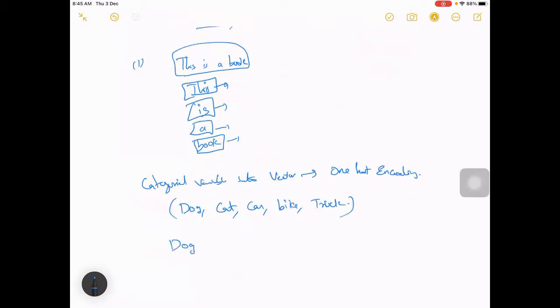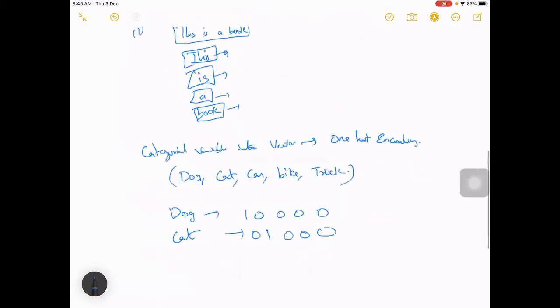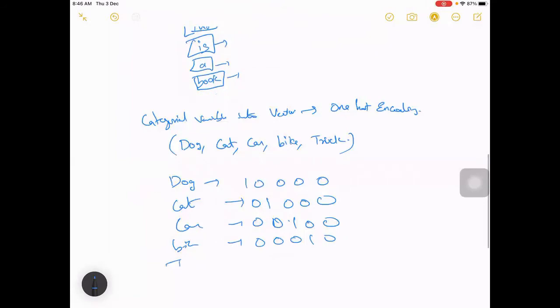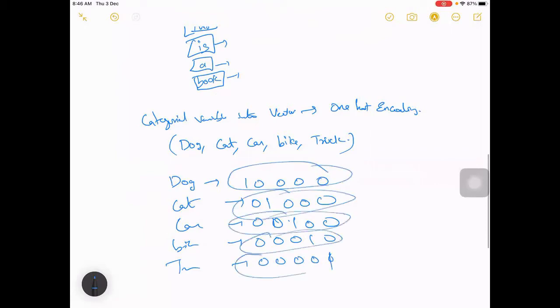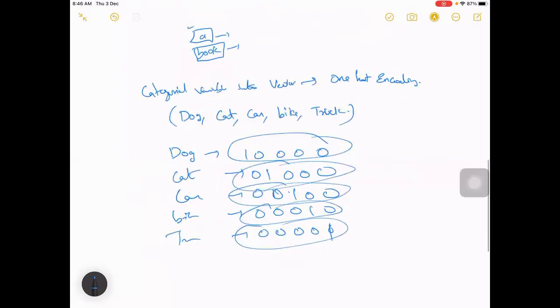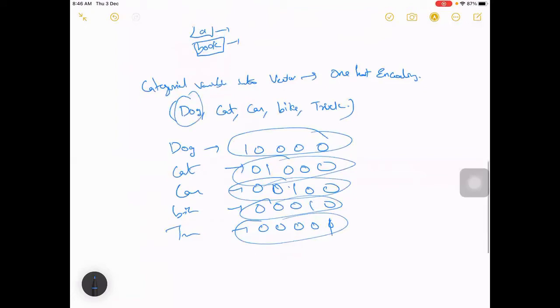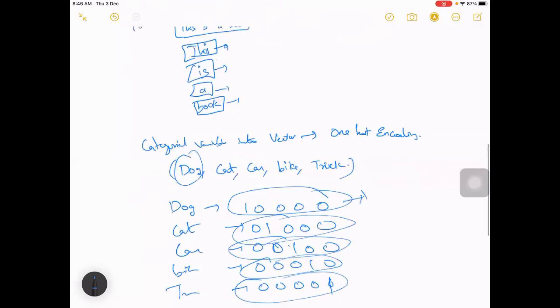For dog, we took 10000, and for cat, we represented it with 01000, for car 00100, and bike as 00010. Similarly for truck. These are the vectors we used to represent our classes, and wherever we have dog, we could replace it with this vector, right? That is how we did it in one hot encoding.